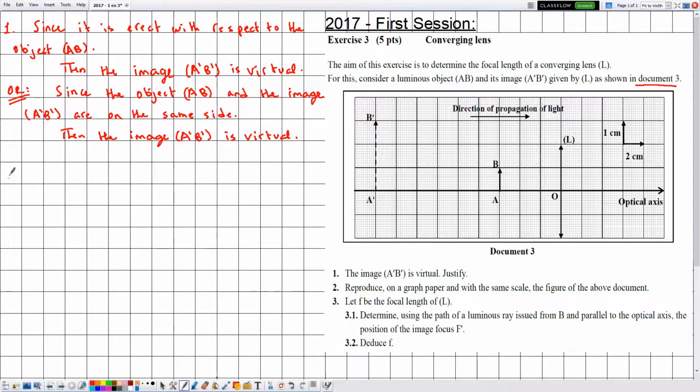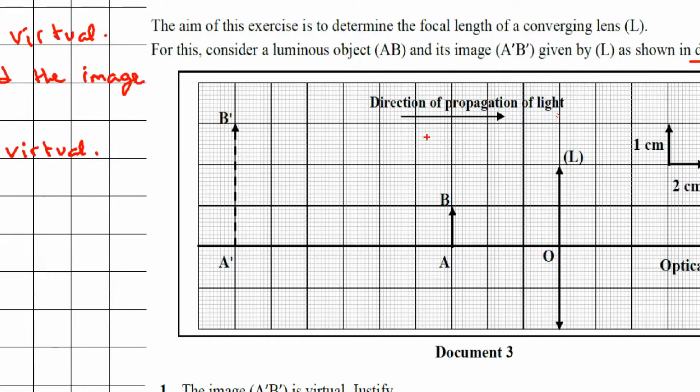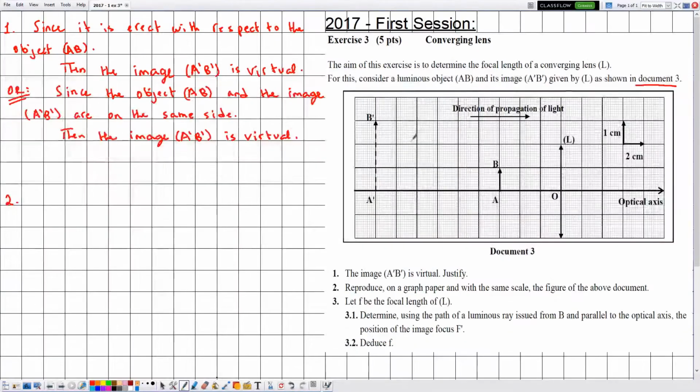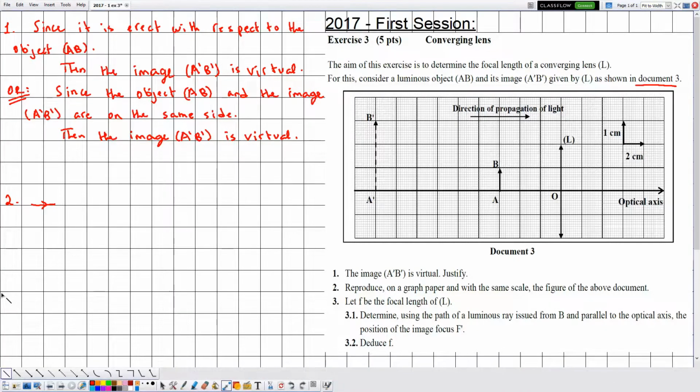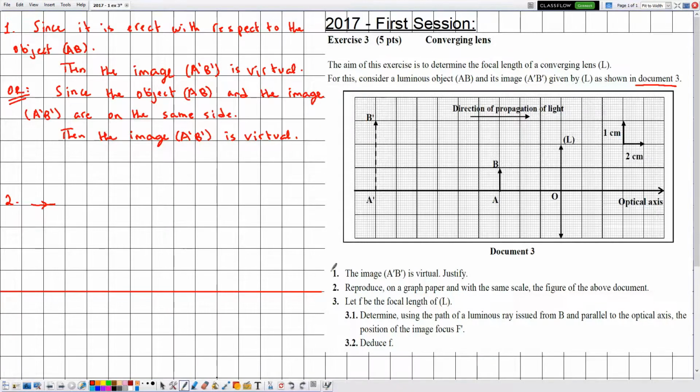Now in number 2, they are telling me reproduce on a graph paper and with the same scale the figure of the above document. Notice that here the direction of propagation of light is from left to right. And whenever we need to reproduce, we always start by drawing the optical axis at the center. This is the optical axis, having the same direction of propagation of light from left to right.